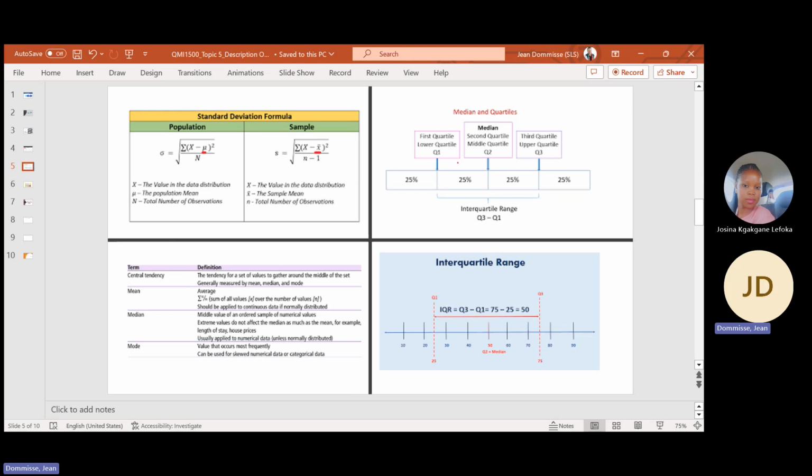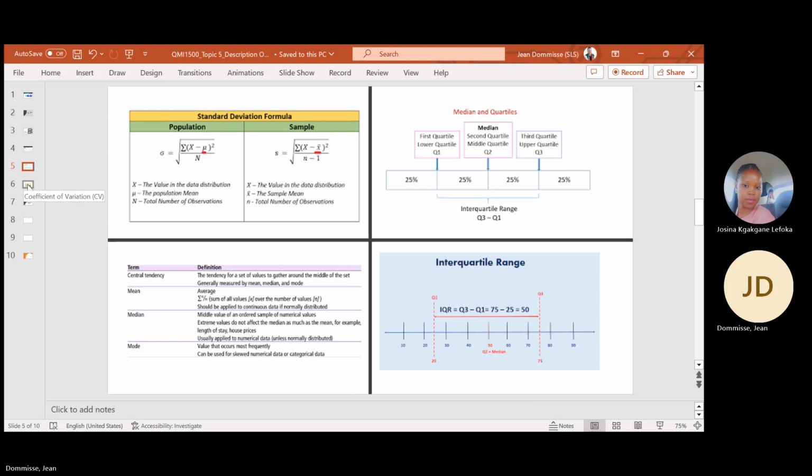And then what I also tried to incorporate here is that if we need to do the interquartile range, we normally would say it is Q3 minus Q1. Okay, so we will work that out tonight as well.